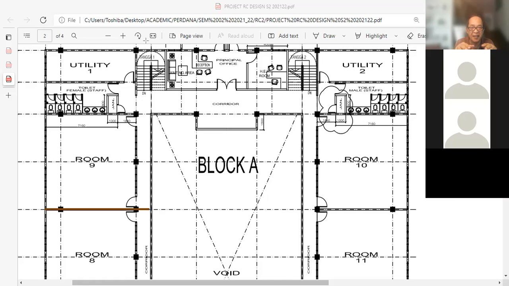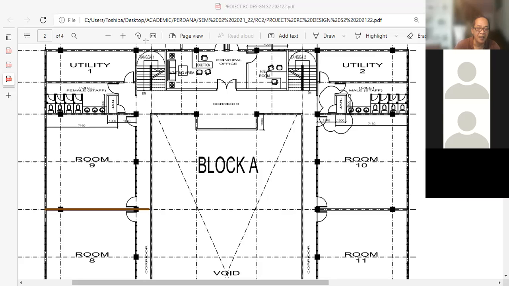You start off with the ground slab, ground level, then first floor level, and finally the roof beam level. So you will need to produce a structural framing plan indicating the position of columns and position of beams, and secondary beams if you need to put some secondary beams into the drawings.